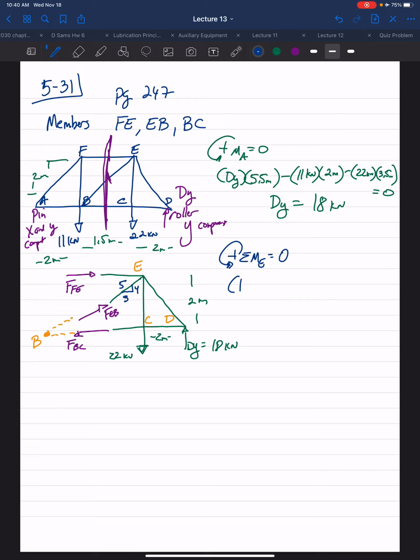So that'll be 18 kilonewtons times the perpendicular distance, 2 meters, minus FBC times 2 meters. FBC is 18 kilonewtons in tension.